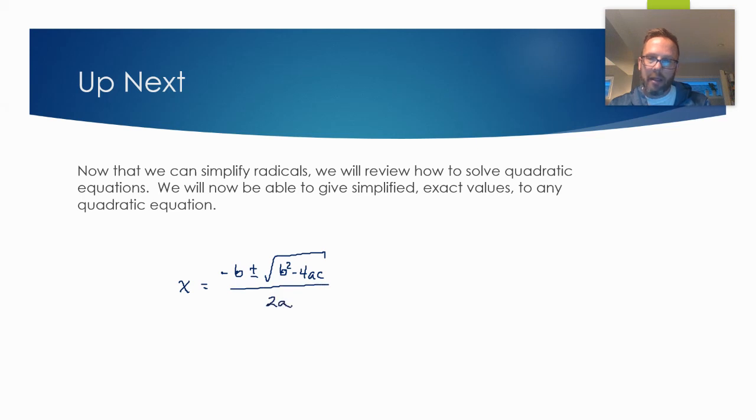But calculating the x-intercepts or zeros or solving an equation using the quadratic formula requires you to do the square root of b squared minus 4ac. Now, once in a while, that gives you a whole number, but many times it won't. And if we want to have exact answers, we need to get used to the idea of using the quadratic formula and then simplifying what we get in that radicand using our new skills. So we're now fully equipped to do that. That's something we'll do in our next lesson.